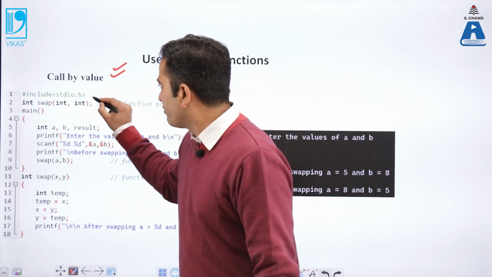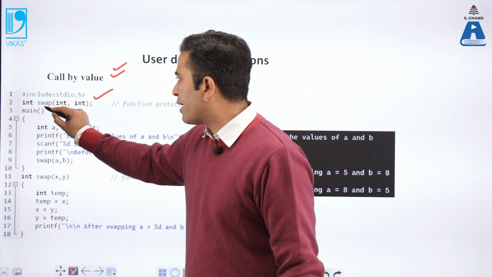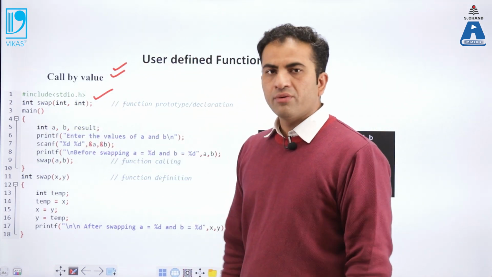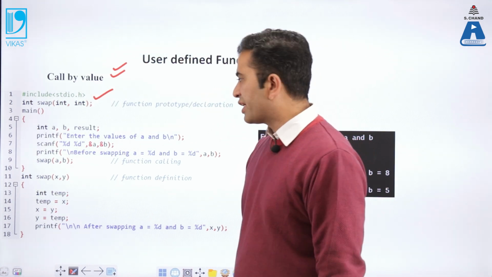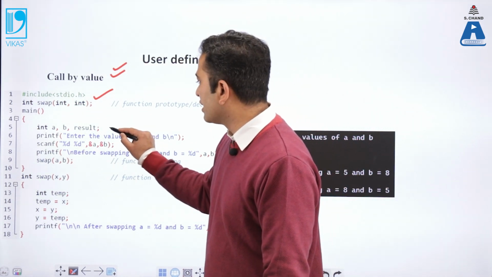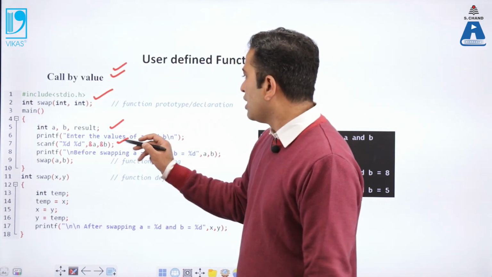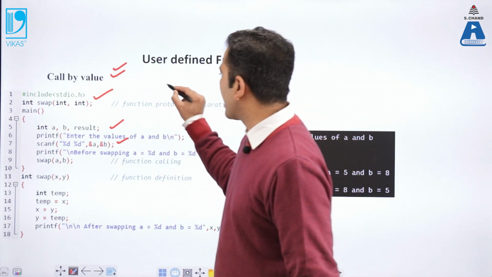Same concept, we are initializing the prototype here. Swap is the name of a function, int comma int, the two arguments we are taking right now. We have inserted the two variables A and B. So when we declare this, what happens in the back end?